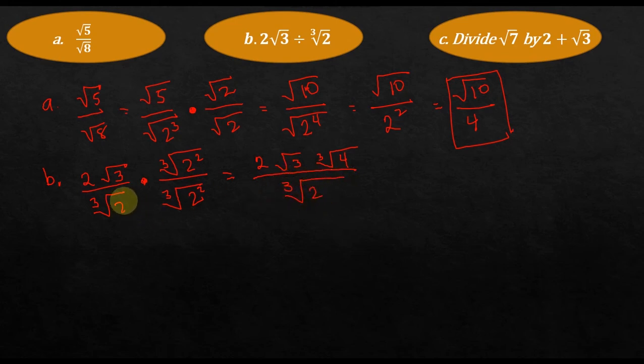And then adding 1 plus 2 will give you 3. And then you can simplify this one to eliminate the radical sign. Looking at this one, the exponent and the index are the same, so that will just result in 2 for your denominator. So this is going to be 2 square root of 3 cube root of 4 all over 2. And of course, you can simplify 2 here. So for the final answer, that is equal to square root of 3 times the cube root of 4.